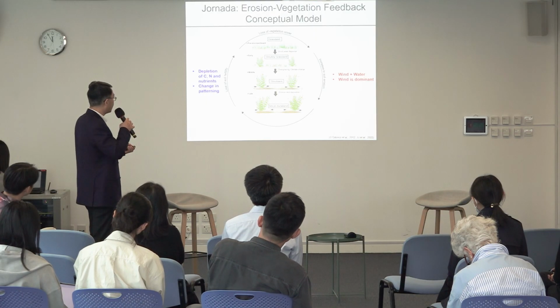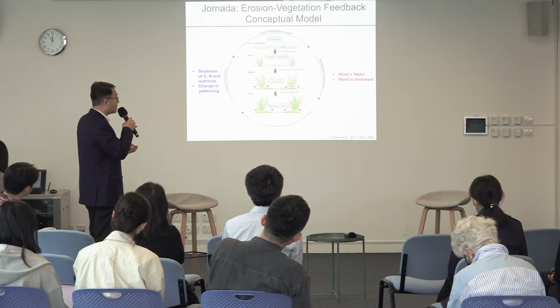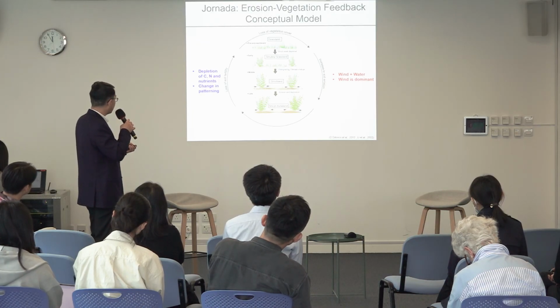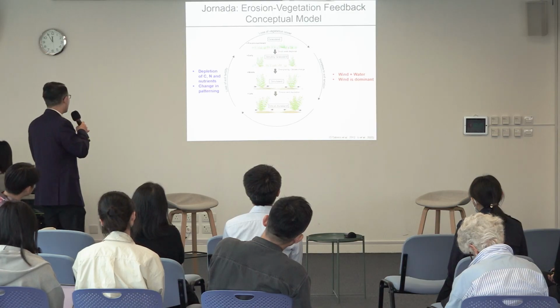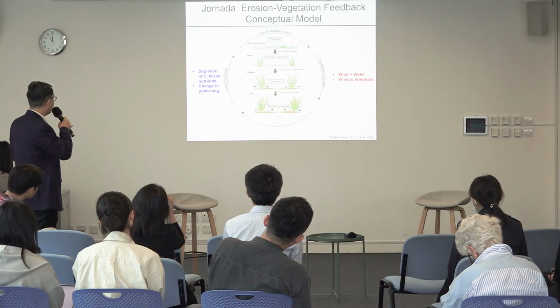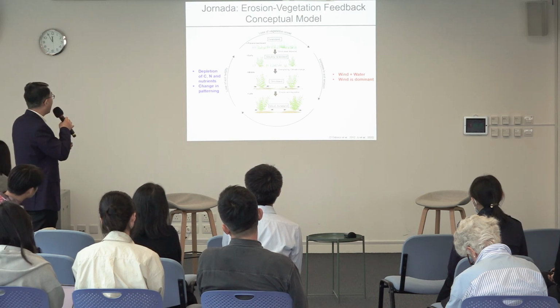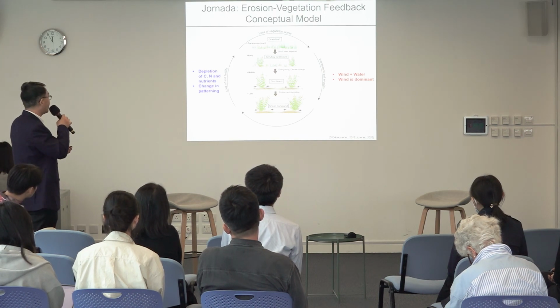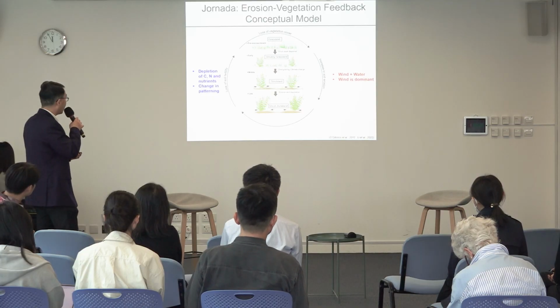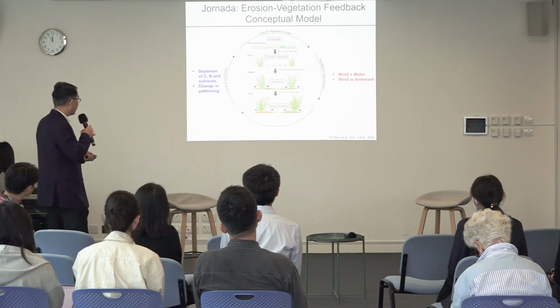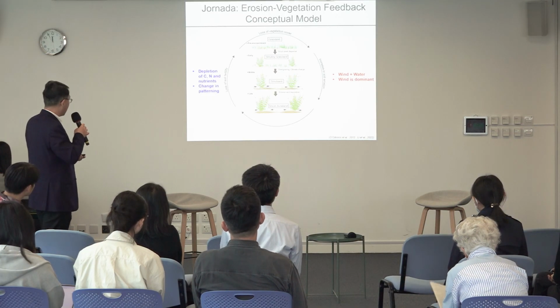I'm not showing the results over there. The wind is actually more dominant compared to water in that environment. And then, of course, you have the change of nutrients that could also further reinforce the loss of vegetation. So we end up with this so-called conceptual model that was recently published in a 2022 paper.